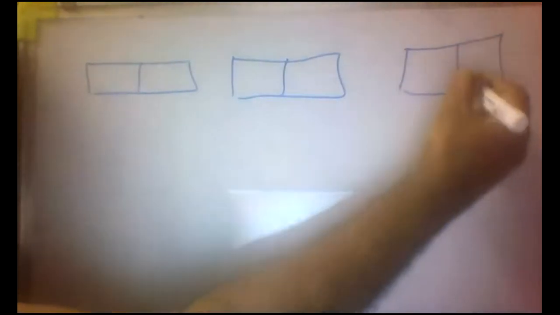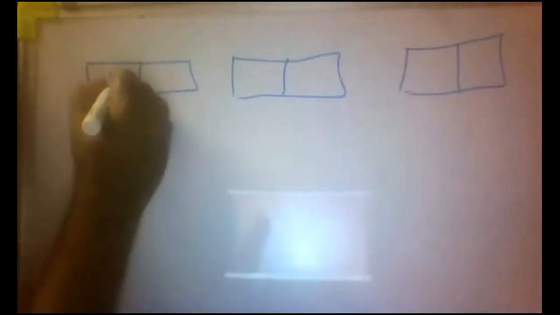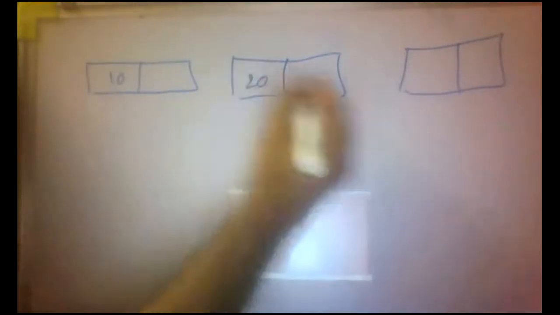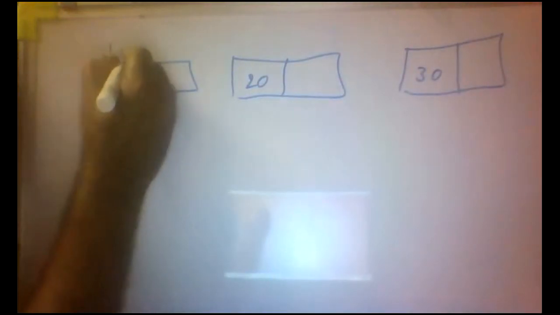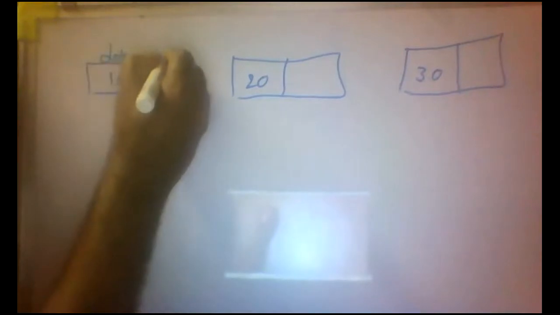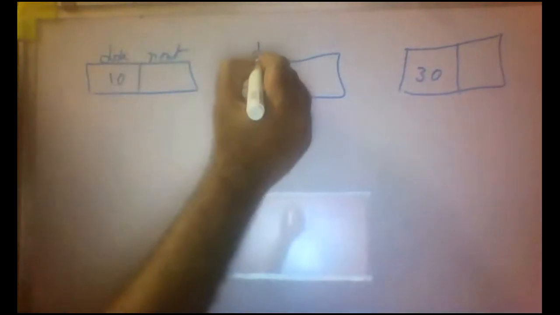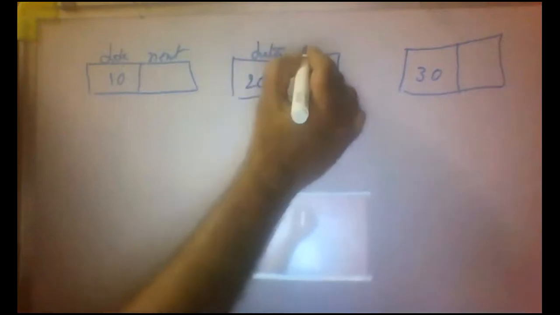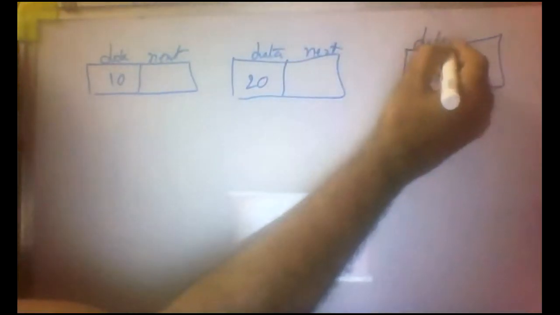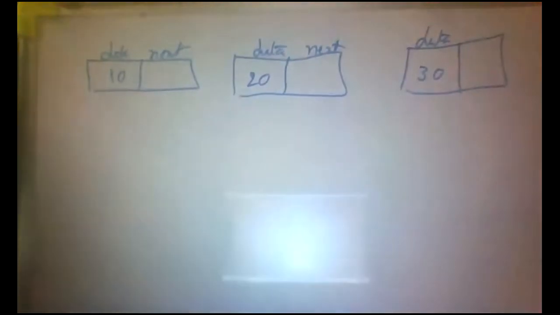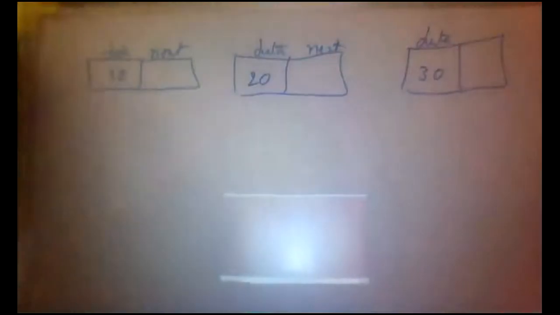All of you, so simply here 10. Next one is 20. Next one is 30. This is the data part. This is the next part. This is also a data part, and next. This is also a data part, and next. Clear, all of you? Next one is the next part.